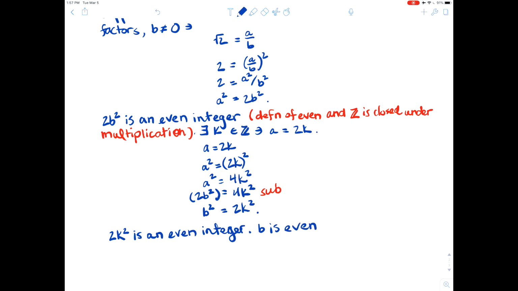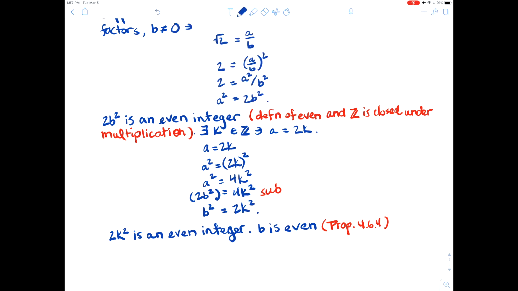And this is where we're going to utilize that one theorem. Or was it a proposition? Proposition 4.6.4, right? Where if the square of an integer is even, the integer itself is even.